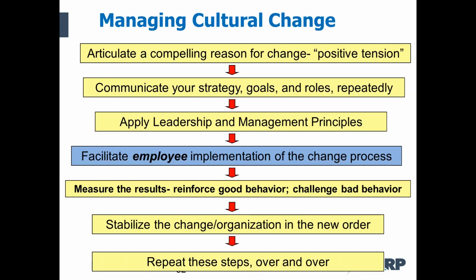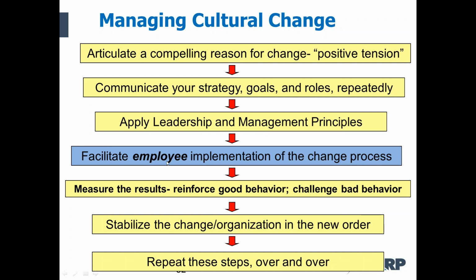So here's a model for managing cultural change. You got to have a compelling reason for change. You got to communicate the strategy, goals, and roles repeatedly. Leaders want change, managers want stability. Well, you have to do both. It's a bit like a stair step. You challenge current performance, you stabilize that. And the heart of it, though, is this.